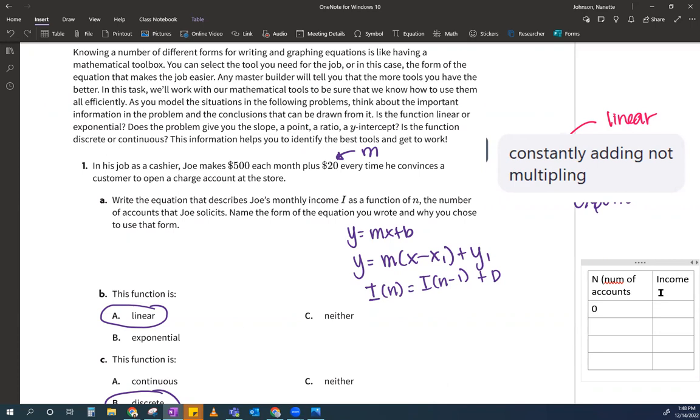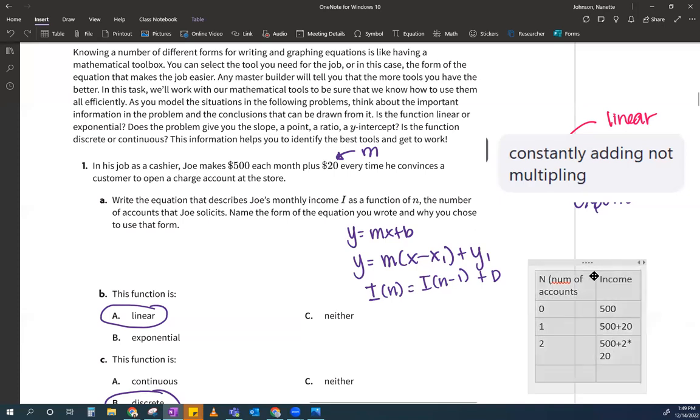For the whole month, if he doesn't get any accounts. Yeah, he gets $500. Let's say he gets 1. Yeah, it's 520, or how Miss Johnson likes to write it, he gets 500 plus 20, right? Versus if he gets 2 accounts, how much is he getting? 500 plus 2 times 20.